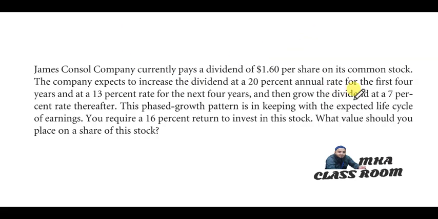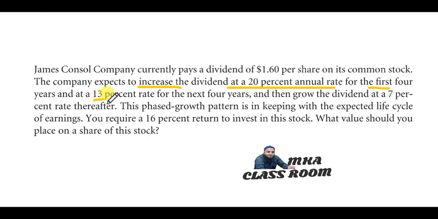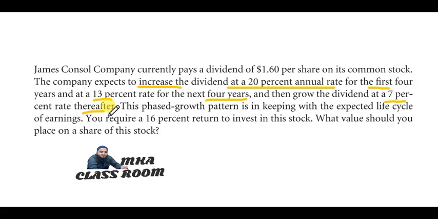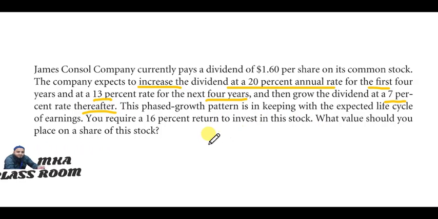So here you will see the company expects to increase dividends, that means a growth rate of 20% for the first 4 years, after that 13% for the next 4 years, after that 7% thereafter, that means a constant growth rate.